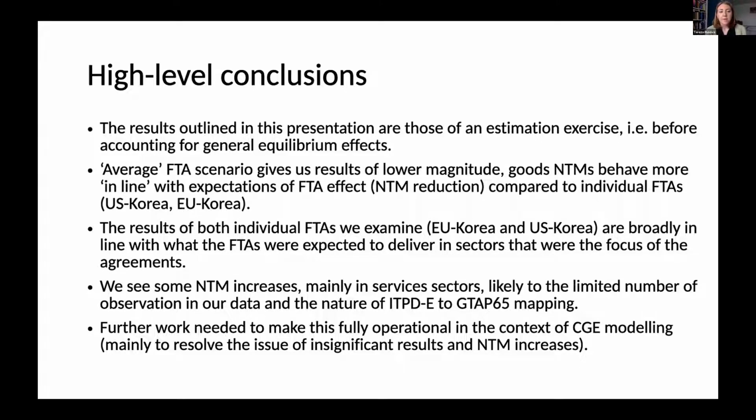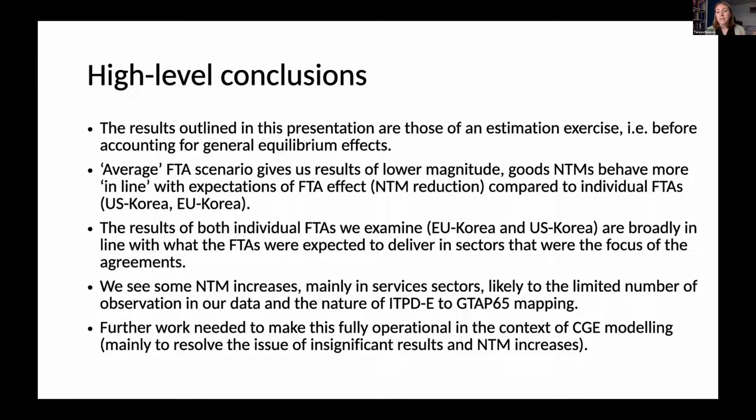And when we look at the average FTA results, specifically in the goods sectors, those tend to be in line with what we would probably expect to see, i.e. we would expect to see a reduction in NTMs following a free trade agreement being signed.